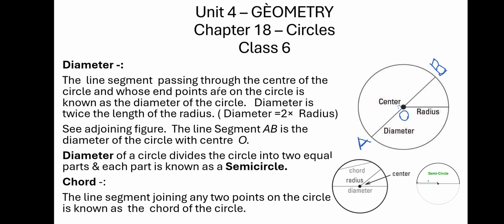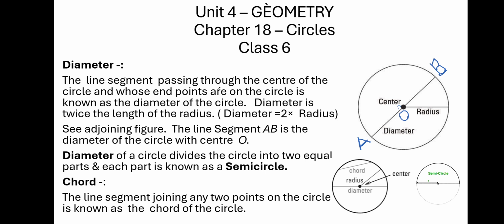Diameter. The line segment passing through the center of the circle and whose endpoints are on the circle is known as the diameter of the circle. Diameter is twice the length of the radius. Diameter equals 2 multiplied by radius.